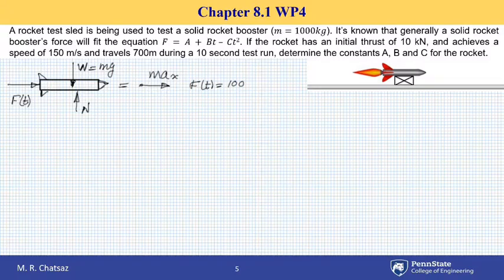equal to 1000 a. But observe that initially it says it has an initial thrust of 10 kilonewtons. This means at time t equal to 0, I have 10,000 newtons equal to ma, m is 1,000 times a.